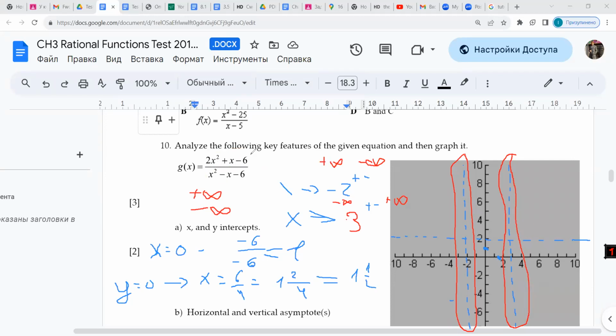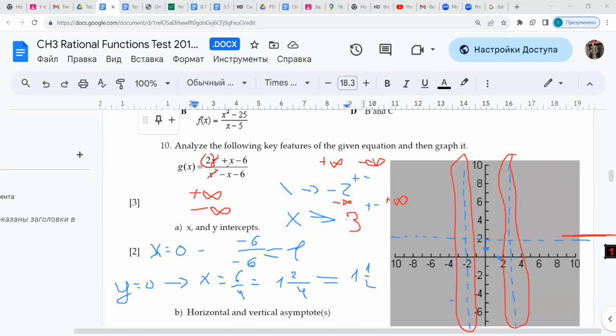But what we're going to see is that x squared is going to get simplified, and we're going to have 2. So the end behavior at positive infinity, the function would approach 2 from the top side. So we see our horizontal asymptote 2, and that also would be our end behavior around positive infinity.